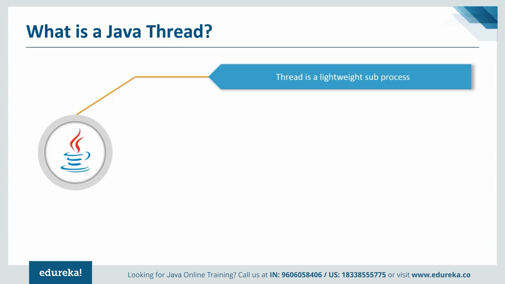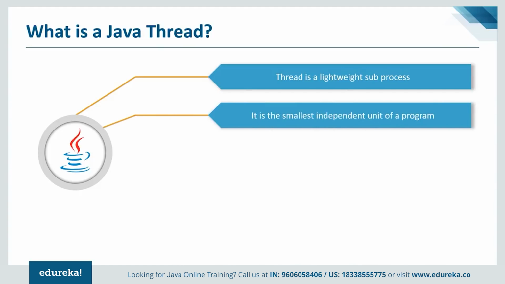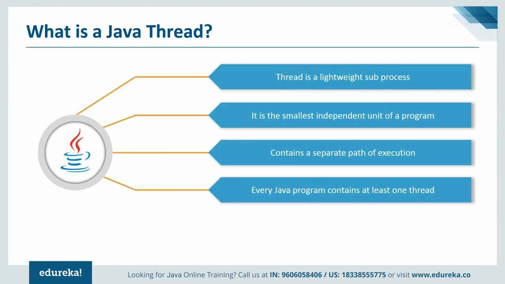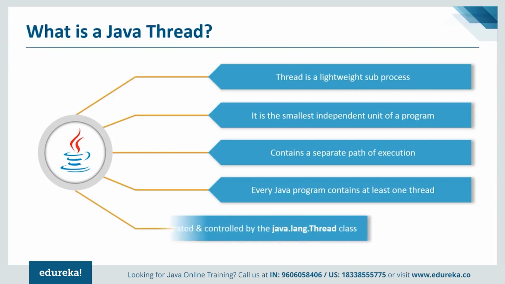So a process would be created and each and every process will have a main thread. A thread is the smallest independent unit of a program. It contains a separate path of execution, and every Java program will have at least one thread, known as the main thread.